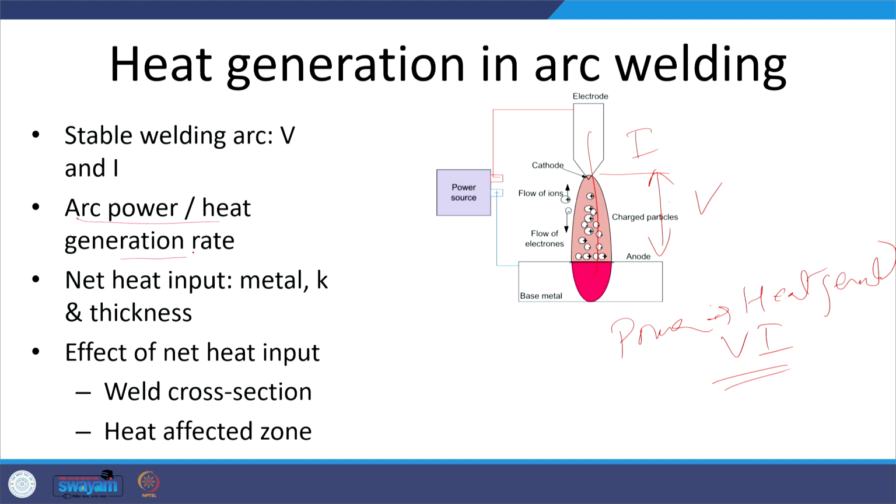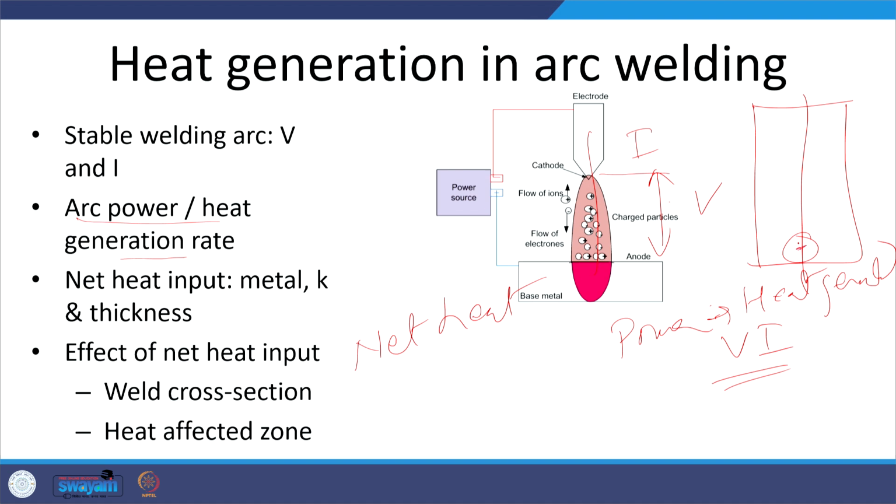So, this is the rate at which heat will be generated per second, okay, power of arc or heat generation rate. Since the arc is moved during the welding, not the entire heat being generated will be delivered to one location, but it will be distributed at different locations since the arc is moving. So, what is the net amount of heat being delivered during the welding? Say these are the plates, here is the location of the arc where it is struck.